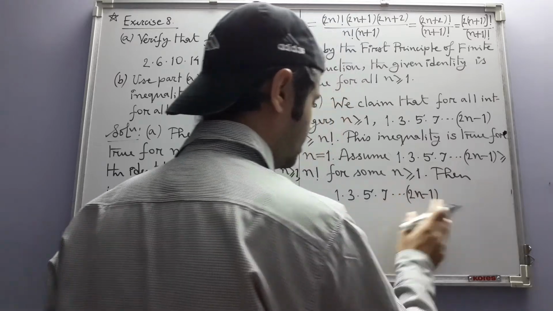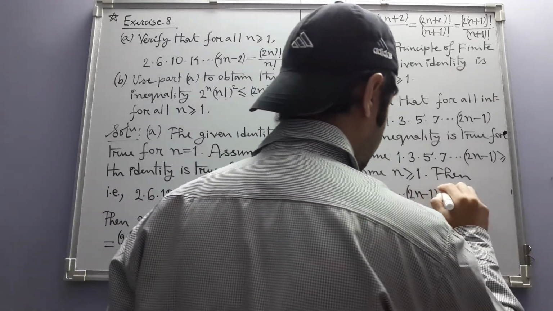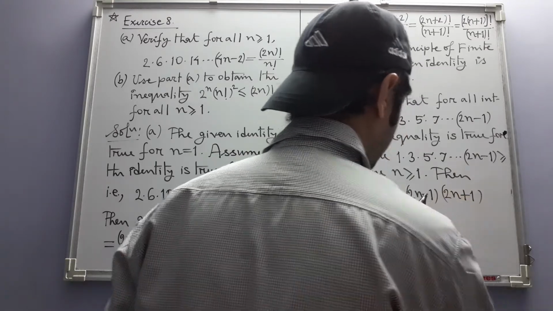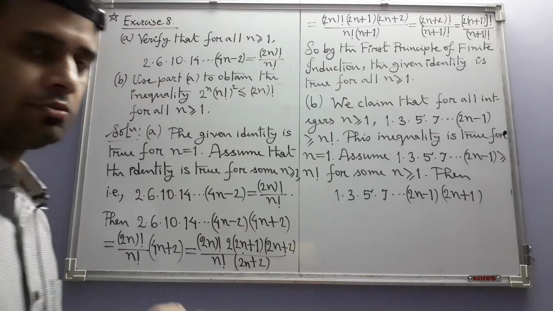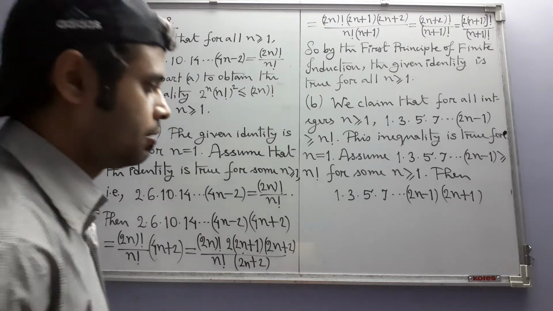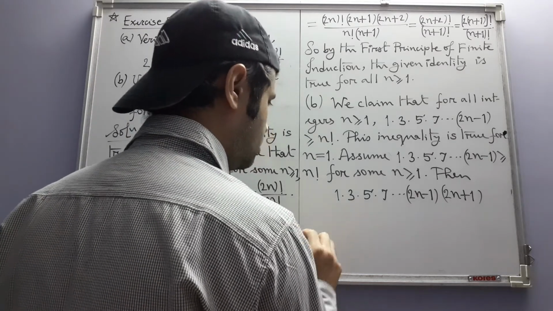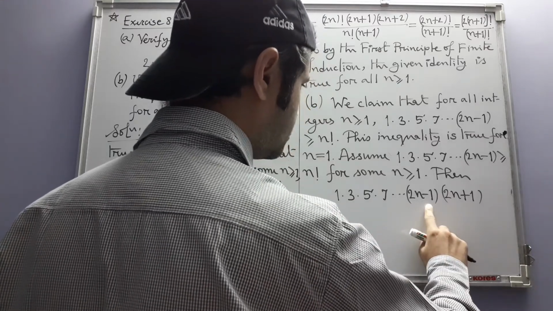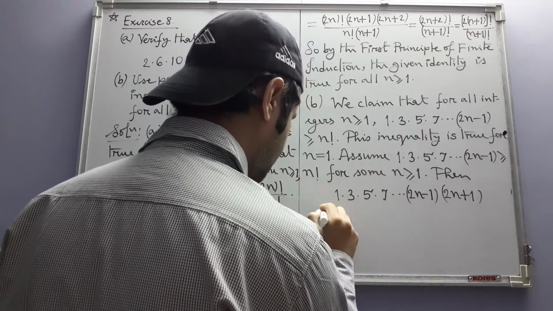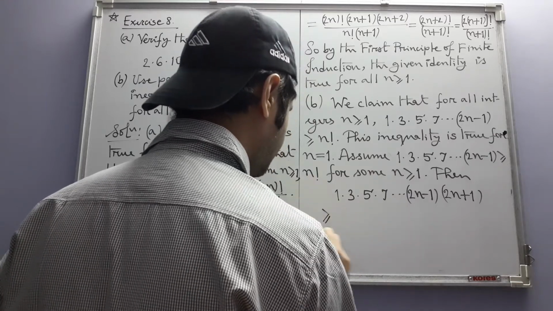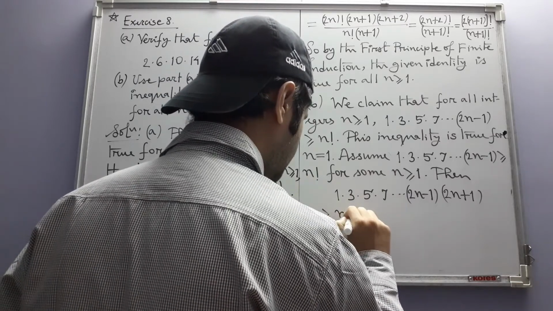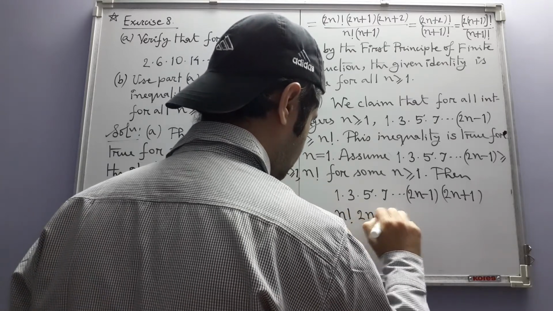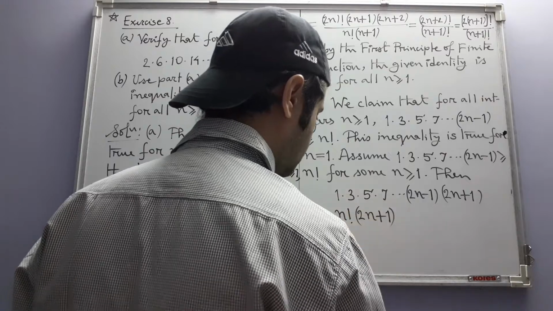Because we are considering odd natural numbers, the next odd natural number is 2n plus 1, or you can obtain that from here itself by replacing n by n plus 1. So this part is greater than or equal to n factorial, so this will be greater than or equal to n factorial times 2n plus 1.